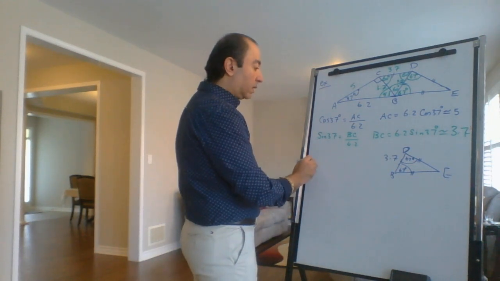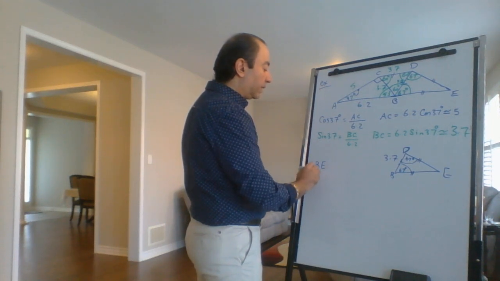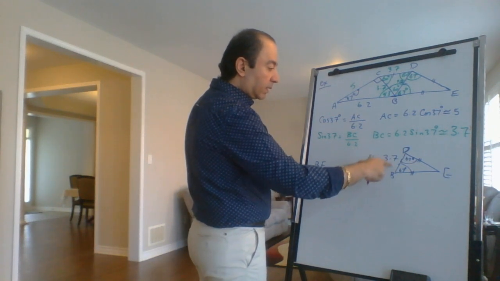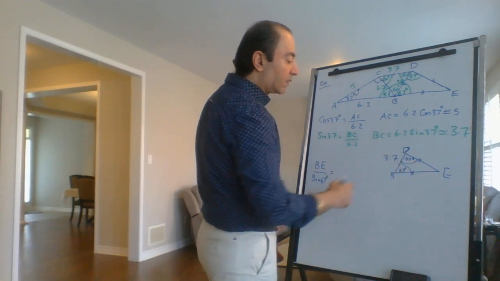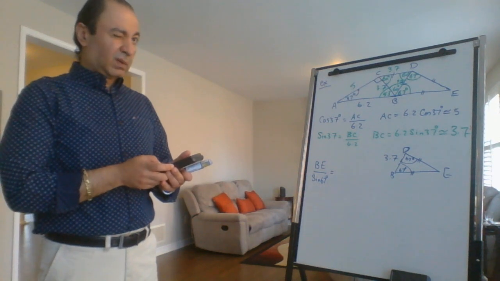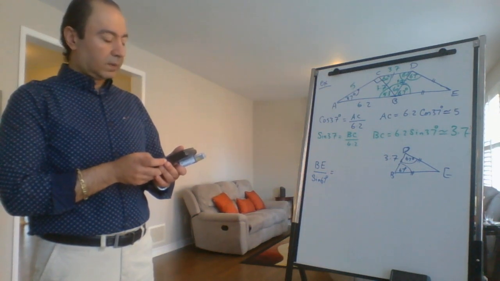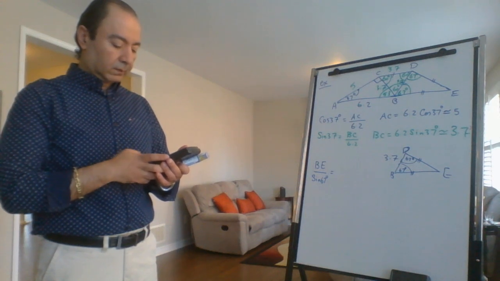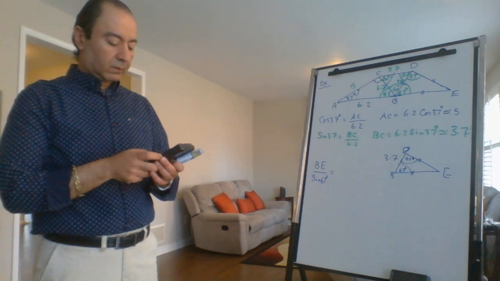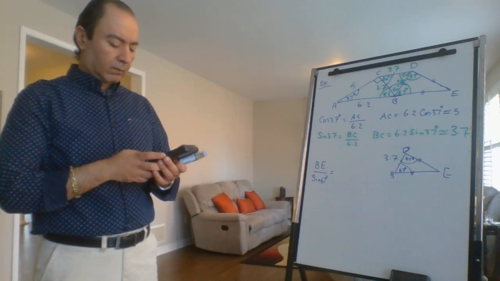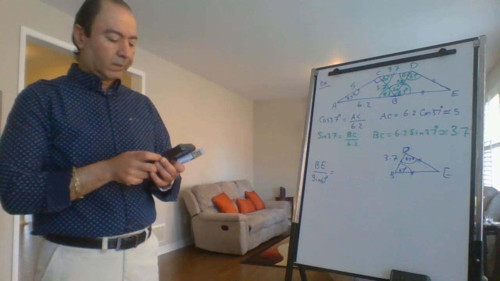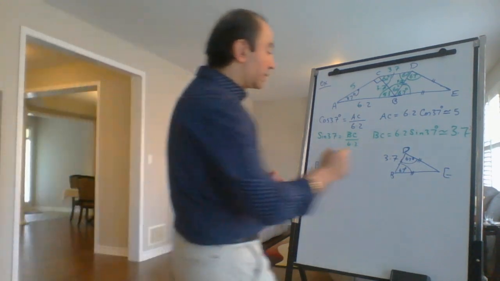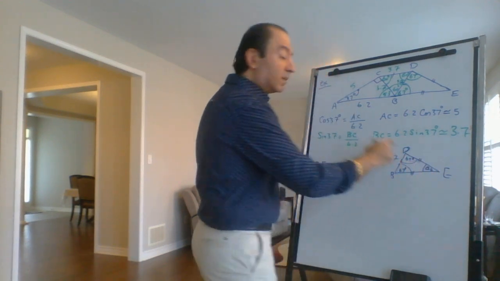So I would say, let's say the length of BE over sine 67 degrees equals, oh, if this is 67, I can get this one, 67 plus 67, 134, so it is 46 degrees, because the sum is 180.